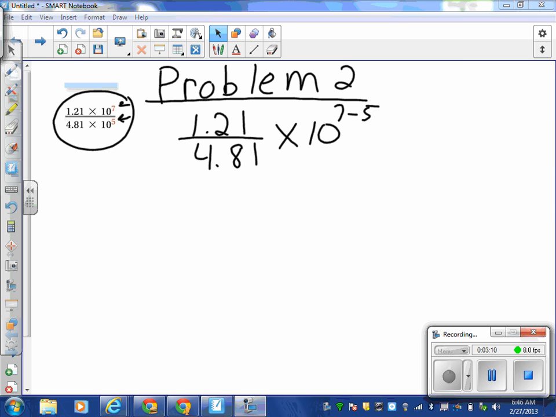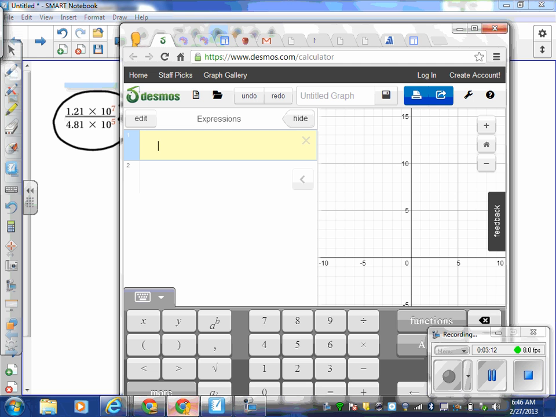In order to solve that problem, we pull up our calculator from my website.